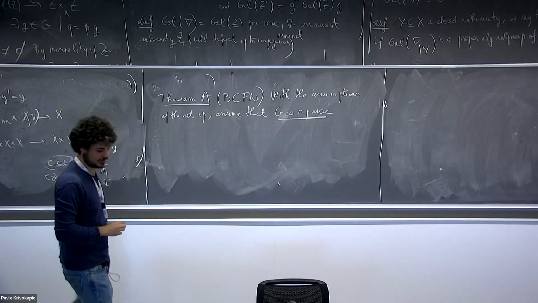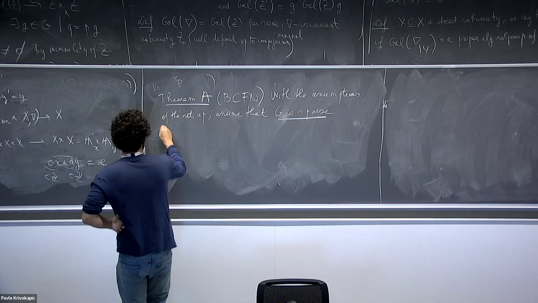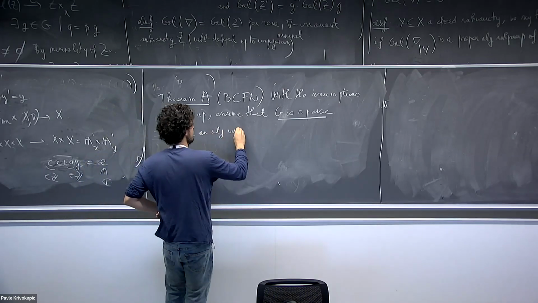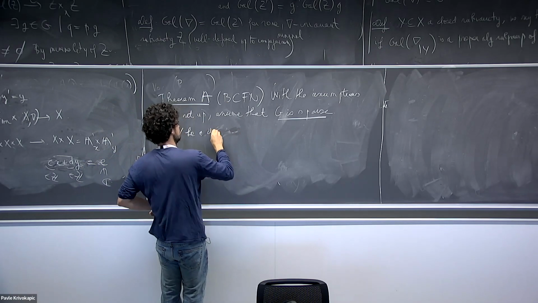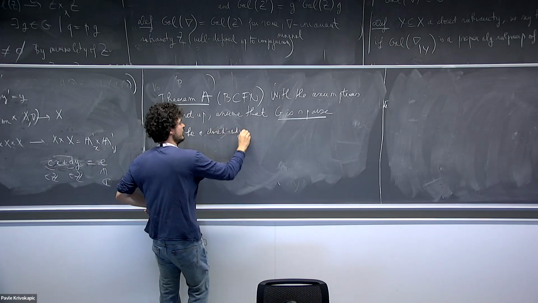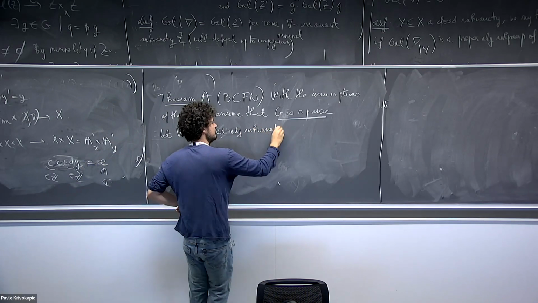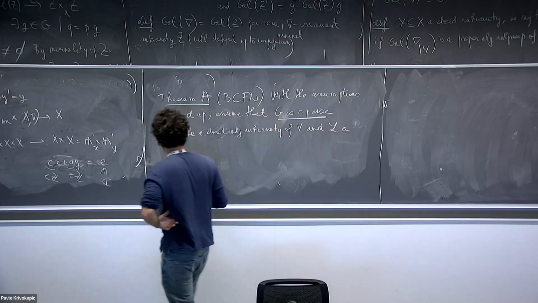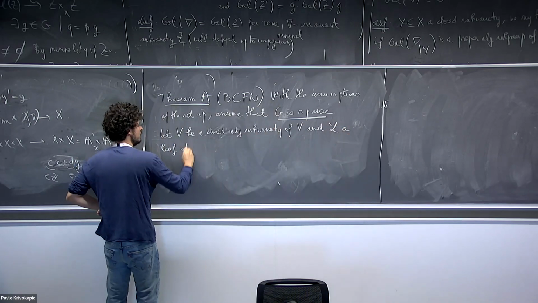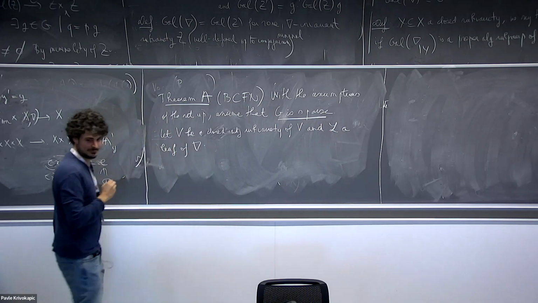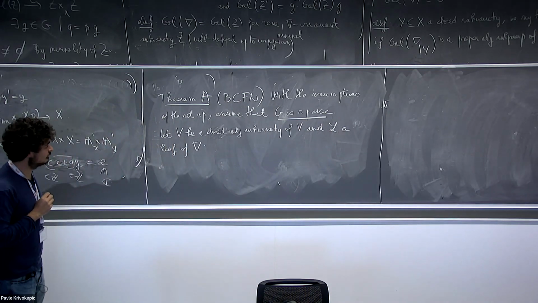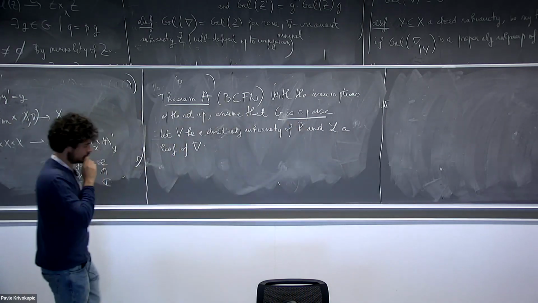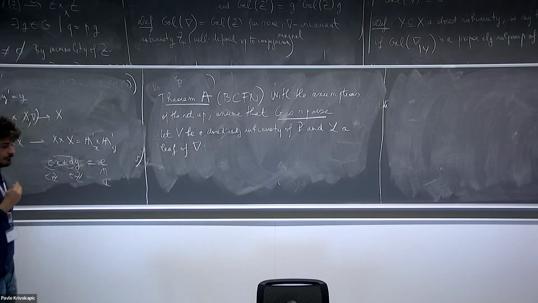This is some kind of technical assumption. So you take V, a closed algebraic subvariety of P, and L, a leaf of delta.